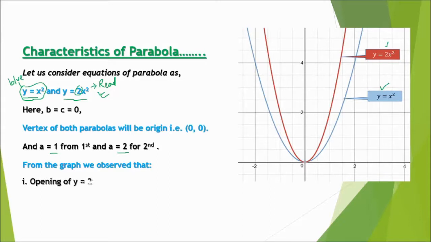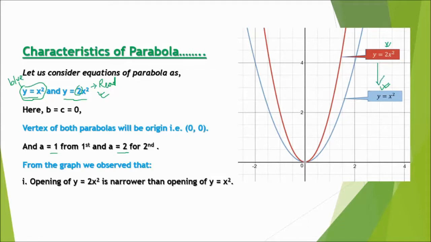The opening of y is equal to 2x square is narrower than the opening of y is equal to x square, isn't it? Y is equal to x square has a wide opening. This parabola has a wide opening, and this parabola has a narrow opening in comparison to this parabola.